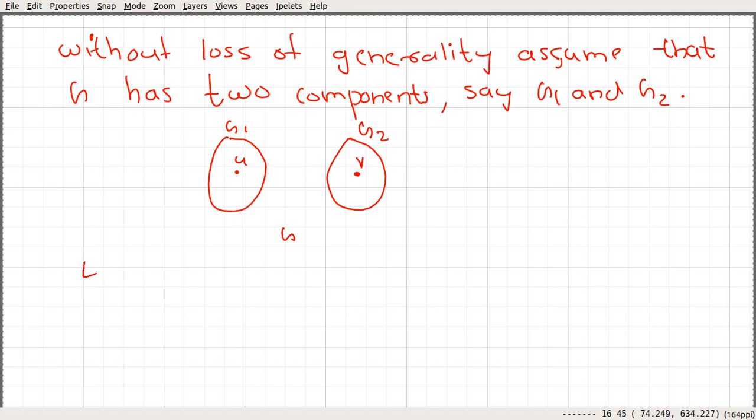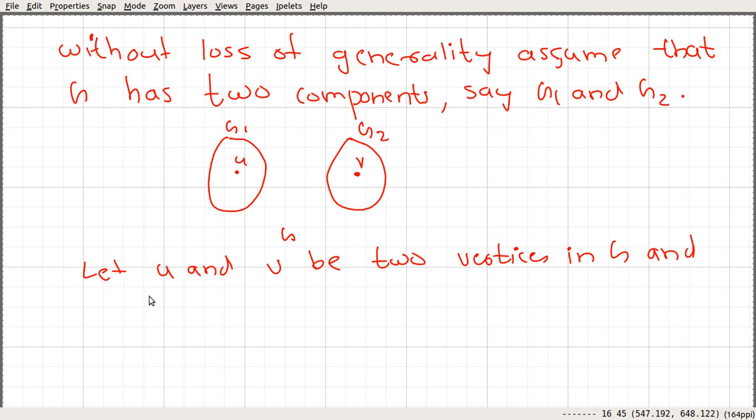So let u and v be two vertices in G, where u is an element of the vertex set of the first component, and v belongs to the vertex set of the second component.